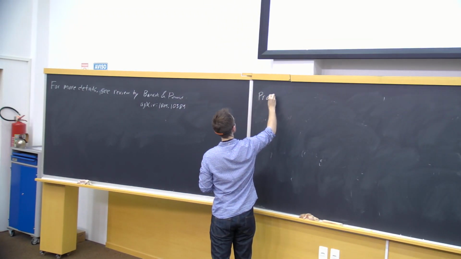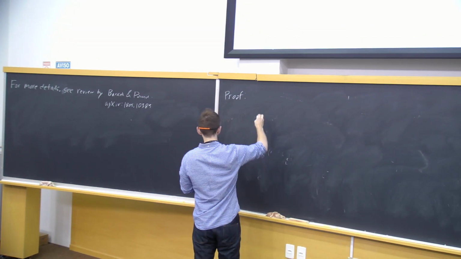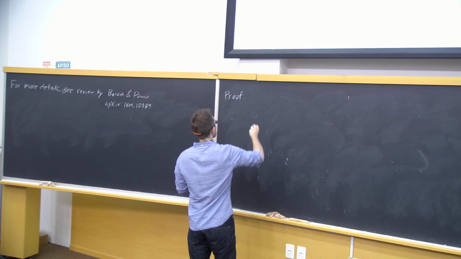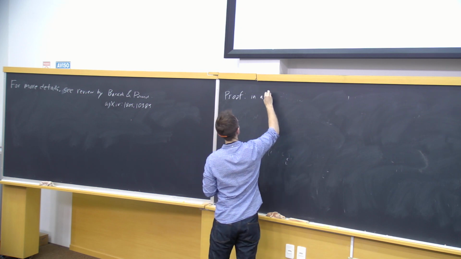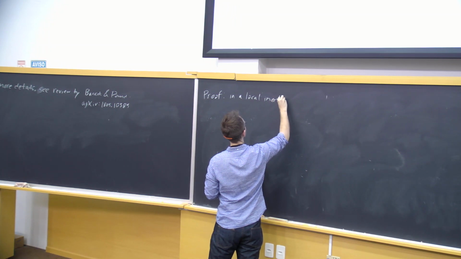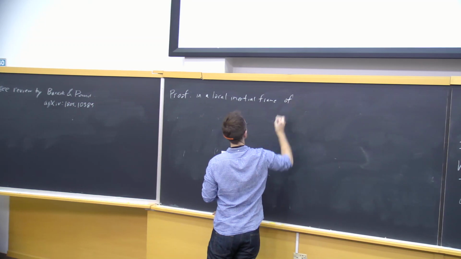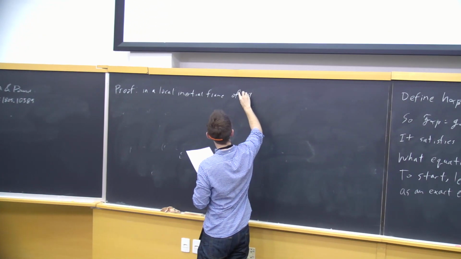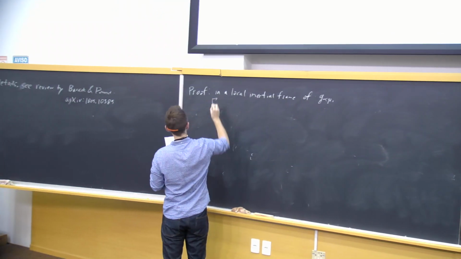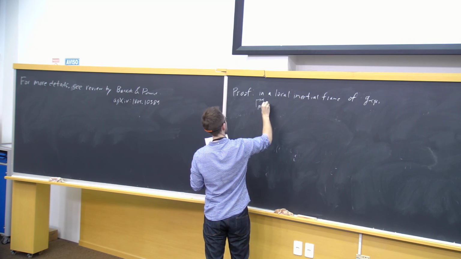So the proof: in a local inertial frame of the background metric, the Christoffel symbols defined with respect to that background metric are 0.